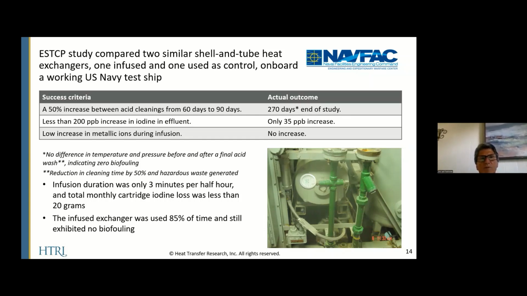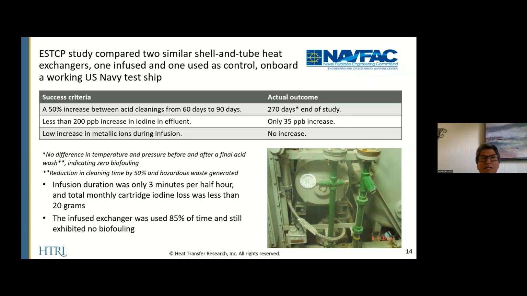And so what they did was they compared two shell and tube exchangers. One was to receive infusion, the other one was not. Their success criteria was that if we could increase the time between acid cleanings from 60 days to 90 days, that would be considered a success.